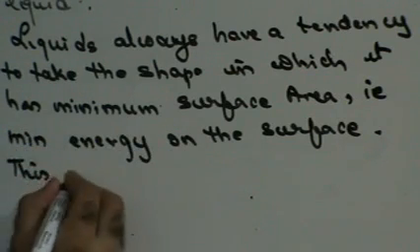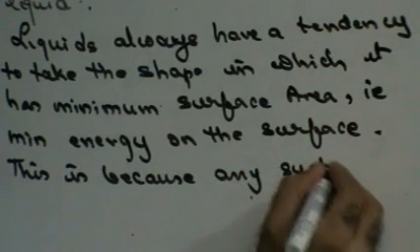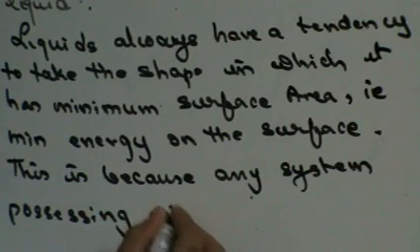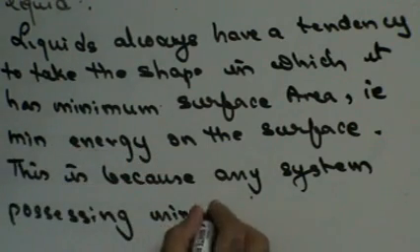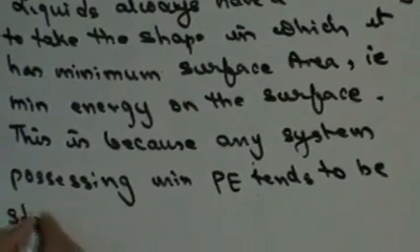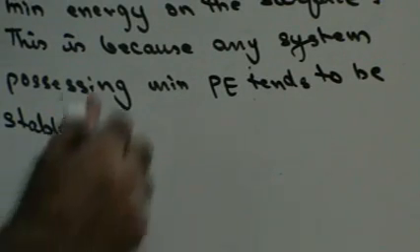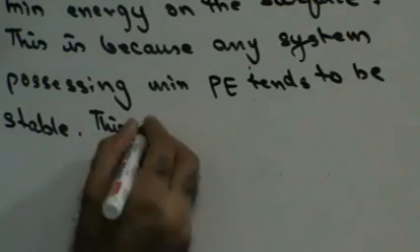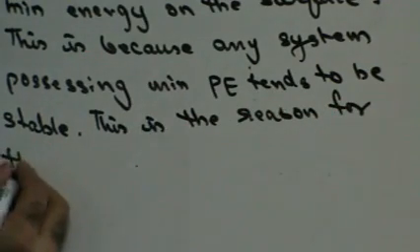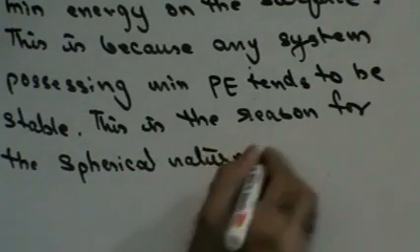This is because any system possessing minimum potential energy tends to be stable, and that is the reason for the spherical nature of the liquid drop.